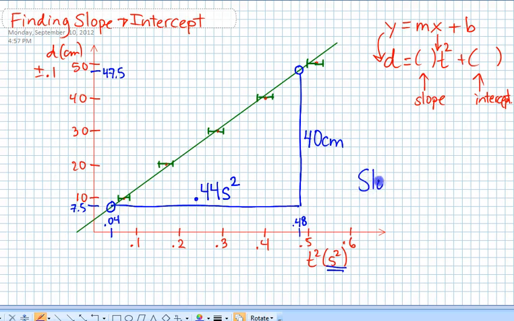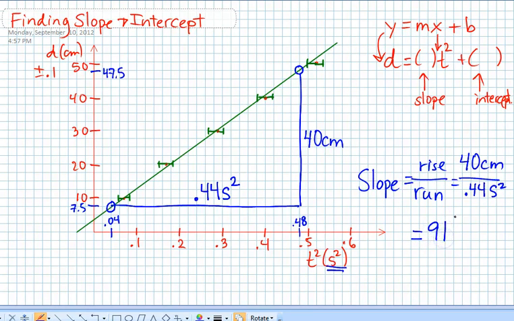So this means that the actual slope is going to be the rise, which is 40 centimeters, divided by the run, which is 0.44 seconds squared. So I grab a calculator, and that means I have a slope of about 91, and my units are centimeters per second squared.